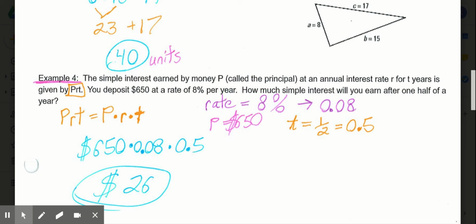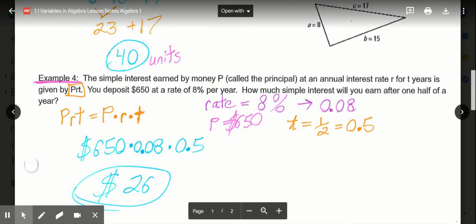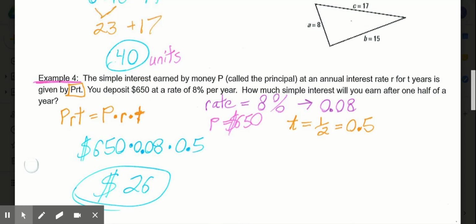So if we deposit $650, that would be our principal. So P is 650. Our 8% rate, anytime we're doing a percent in an expression, the rule for algebra is we have to write that percent as a decimal.